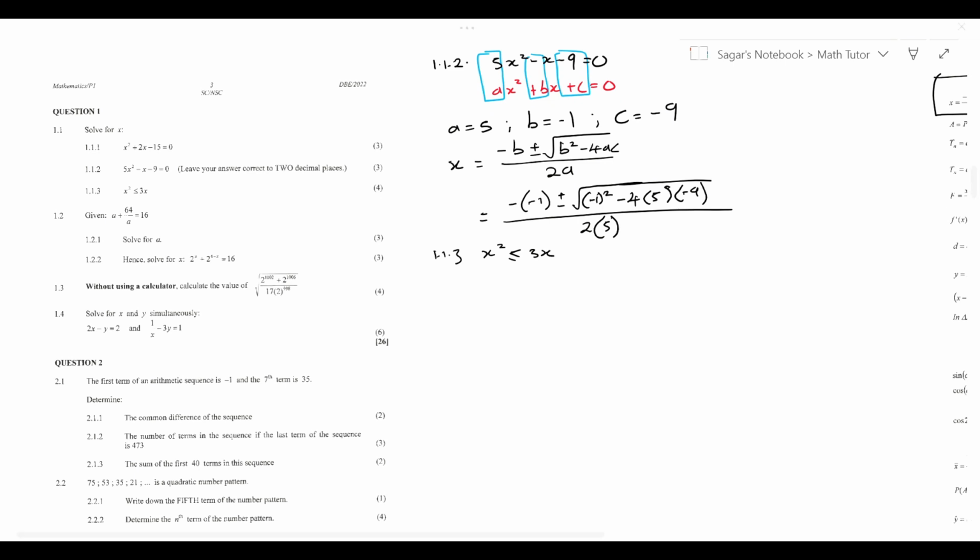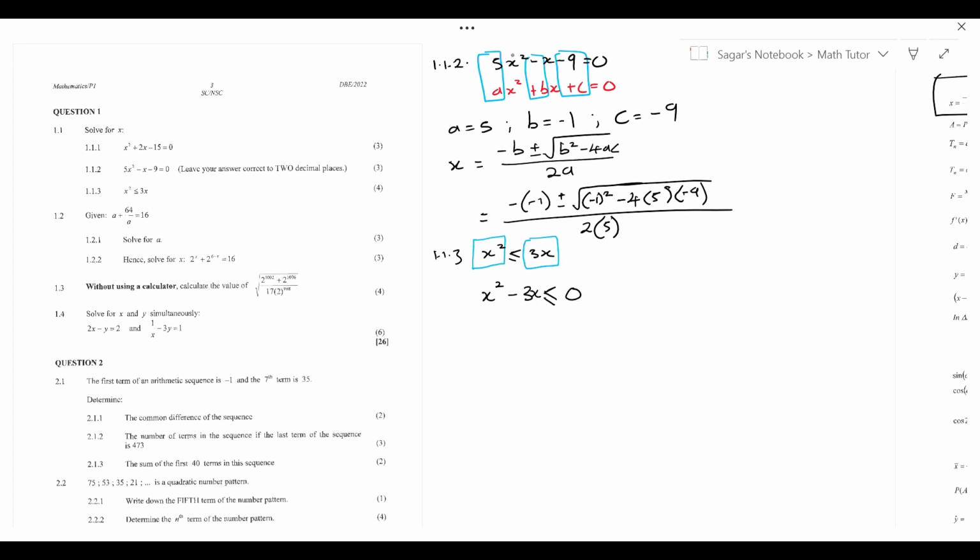So what this question is asking is, where is the quadratic graph or parabolic graph less than the straight line graph of 3x, right? We can draw these graphs individually and see where x squared is less than 3x. But there is a simpler solution where we just draw one graph and that will give us the solution. So I've taken the 3x to the other side.